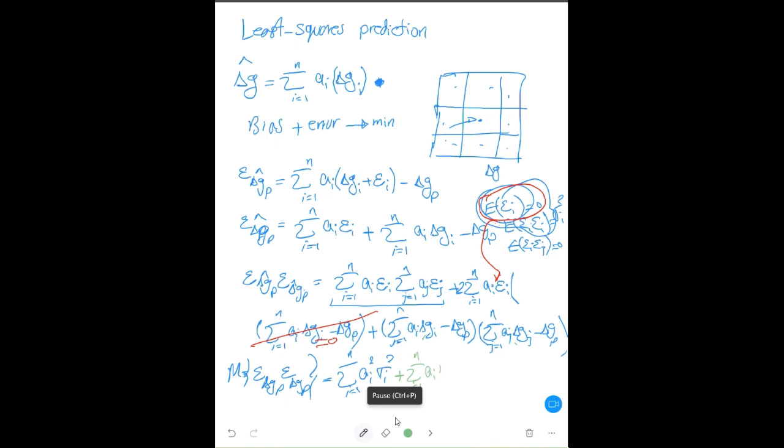Now I simplify the last term of the error equation: the summation over i, summation over j, a_i a_j and the averaging operator of delta G_i and delta G_j.